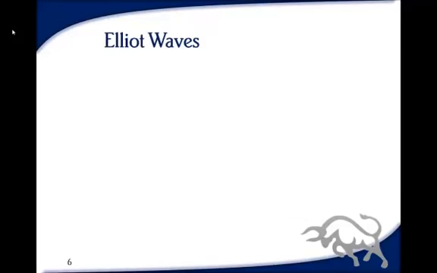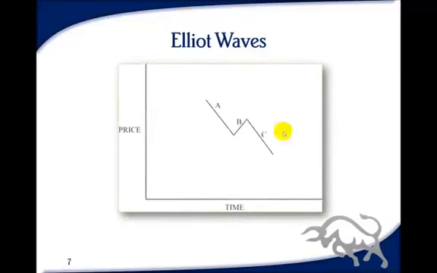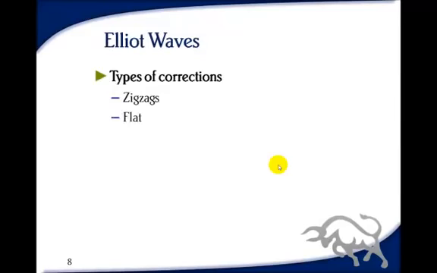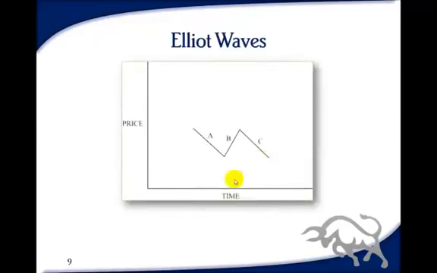Now, talking about correction, it's actually a little bit more confusing than the main thing, and we'll get into that. Zigzags. The zigzag is the usual correction which I've shown you, one with an A, B and C, which breaks down into a 3-wave down, a 5-wave correction. That's 5-3-5. You could also get something called a flat, which at first sight is very similar to a zigzag.